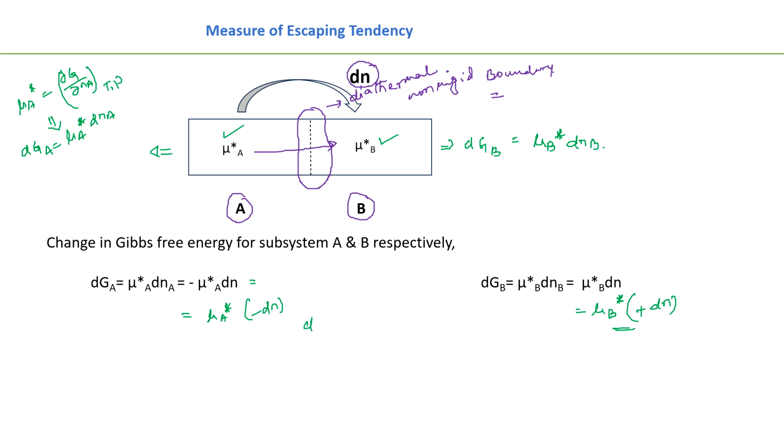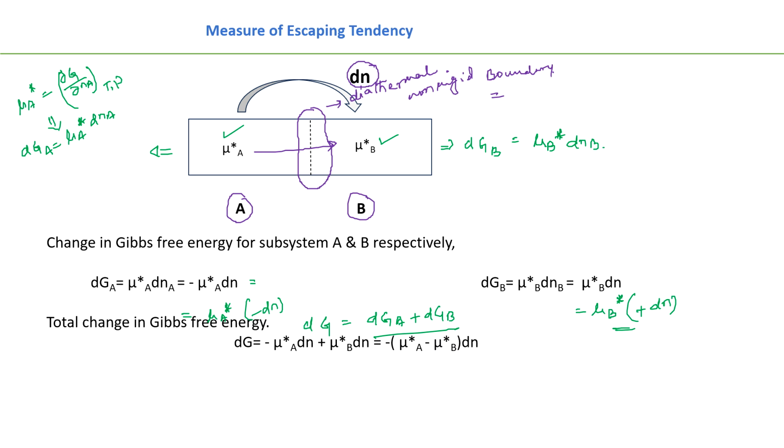If we want to see the total change of free energy of the whole system, we have to add these two terms. By adding these two terms, the final equation will be this. This is the final equation.